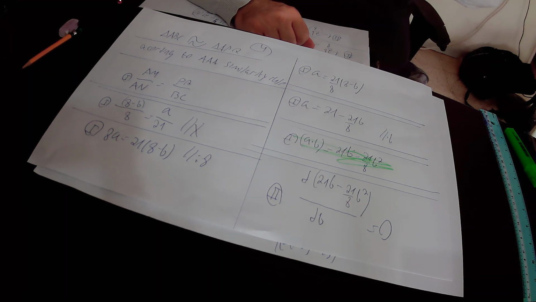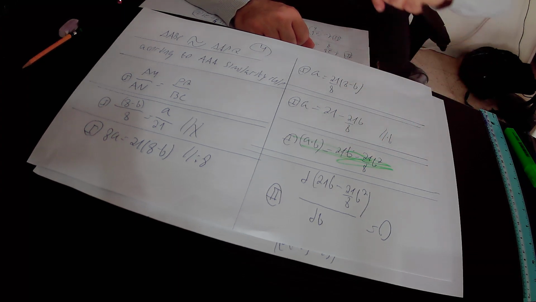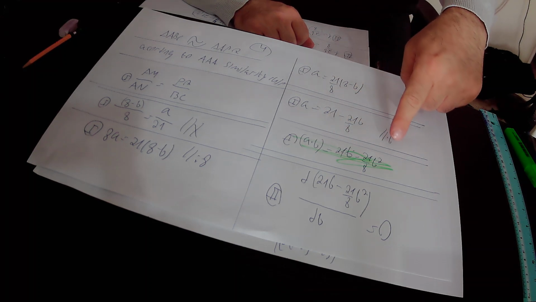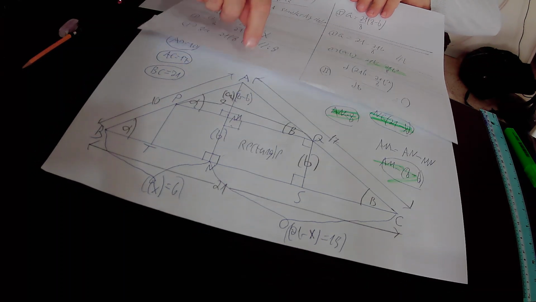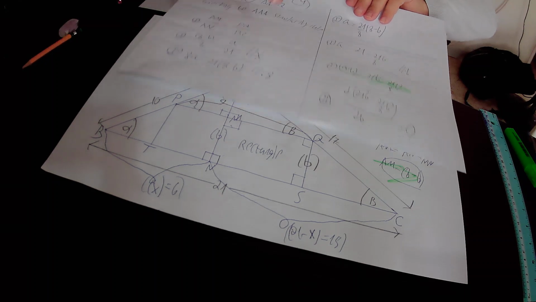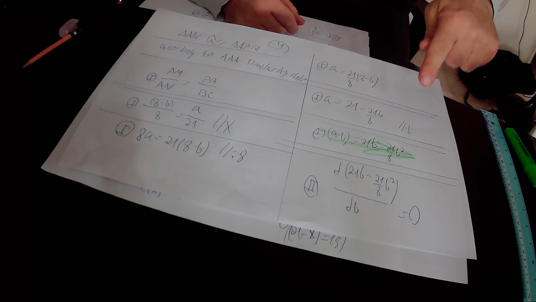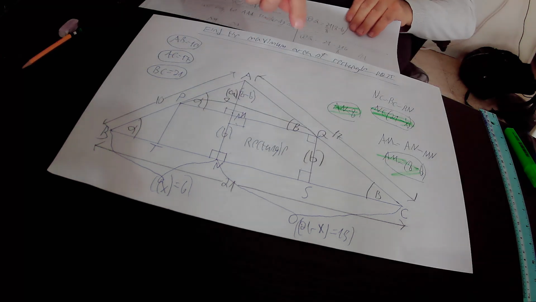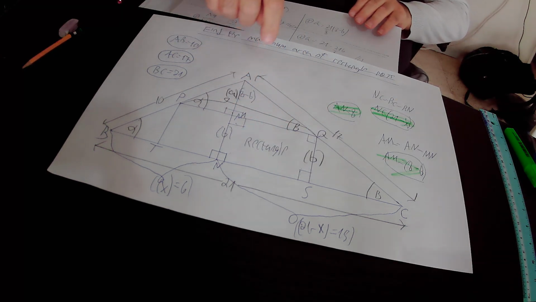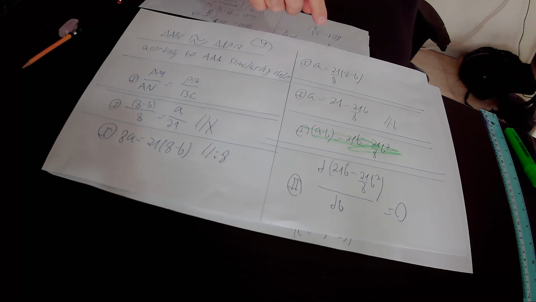In order to find the maximum value of this expression, we have to differentiate this expression, that is the area function of this rectangle PQST. So we have to differentiate this area function and then equate it to 0 in order to find the extreme points of this function.